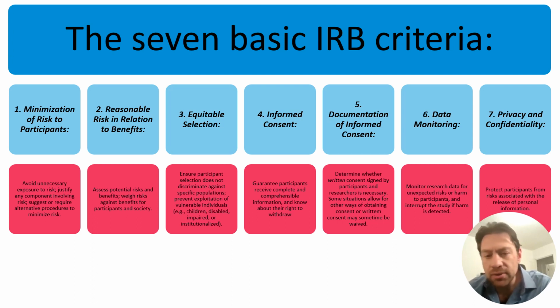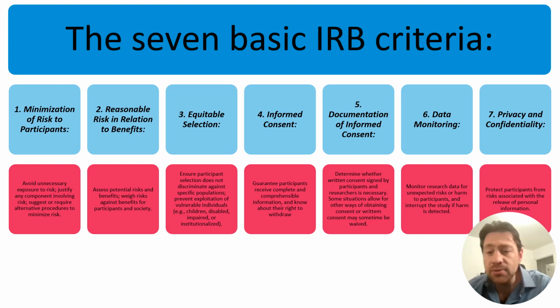So this entails ensuring that participant selection does not discriminate against any specific populations. And also you have to prevent exploitation of vulnerable groups. And that includes children, people with disabilities, and people that are impaired or institutionalized.